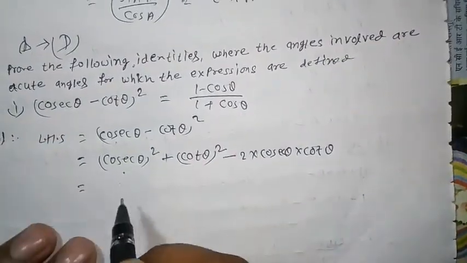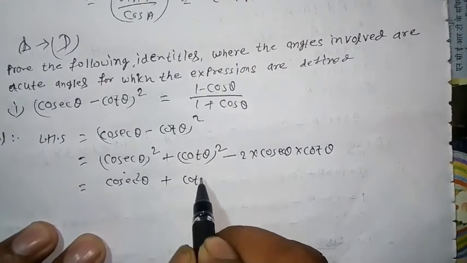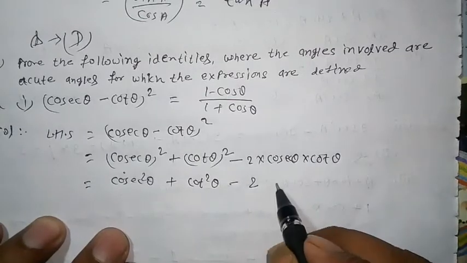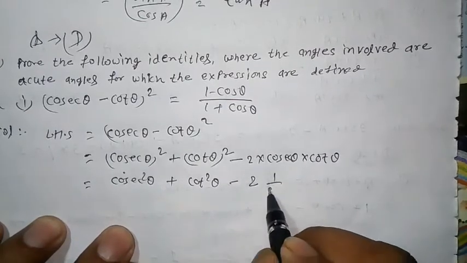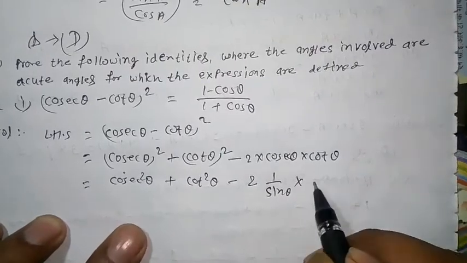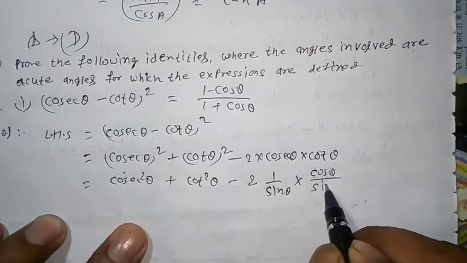So it is cosec square theta plus cot square theta minus 2 cosec theta cot theta, where cosec theta is 1 by sin theta and cot theta is cos theta by sin theta.